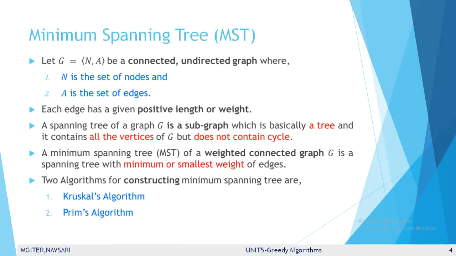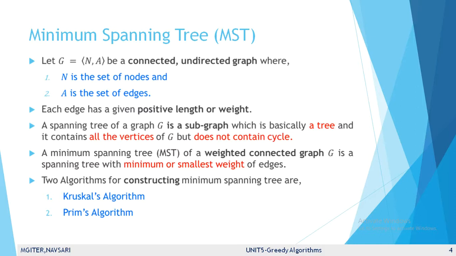Now here we see the introduction. Graph G has n number of nodes and A is a set of edges, which is a connected and undirected graph, and each edge of the given graph has a positive length, which is known as the weight of the given graph. The spanning tree of a given graph is a subgraph which contains all the vertices but does not contain a cycle.